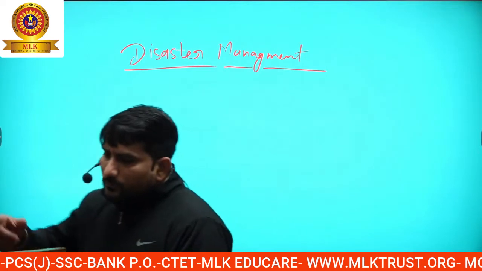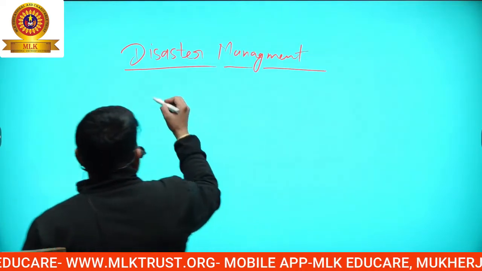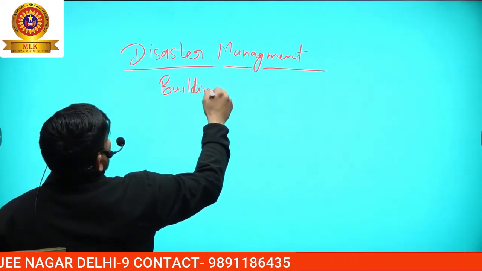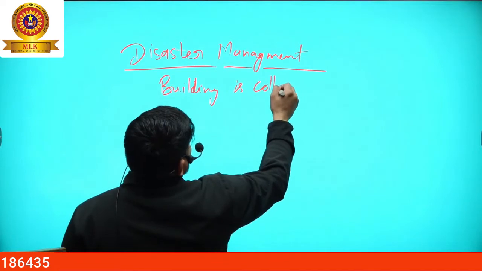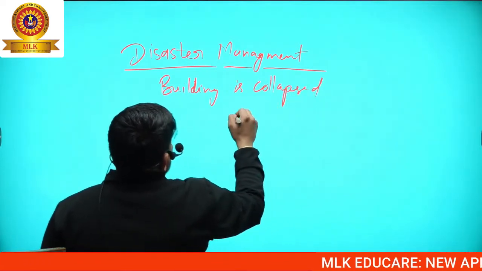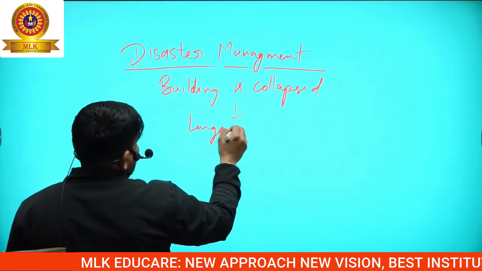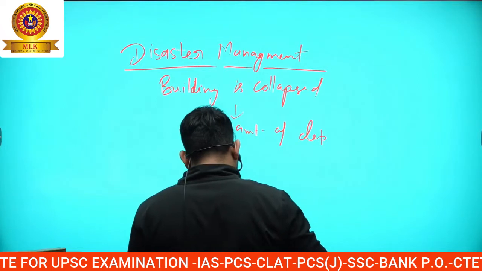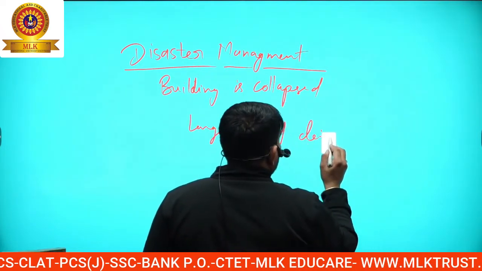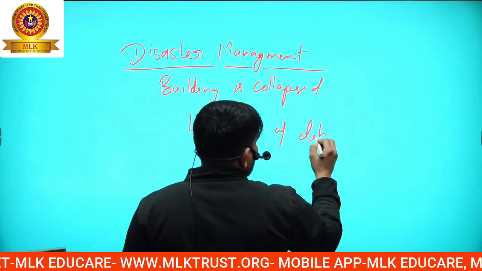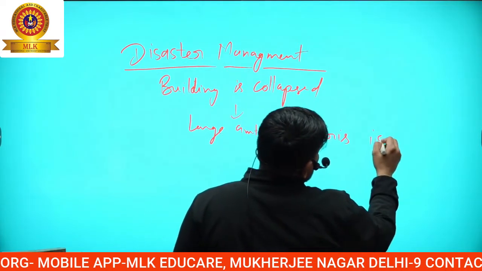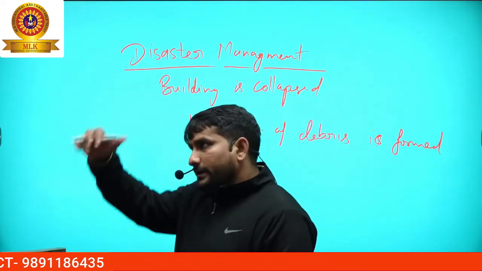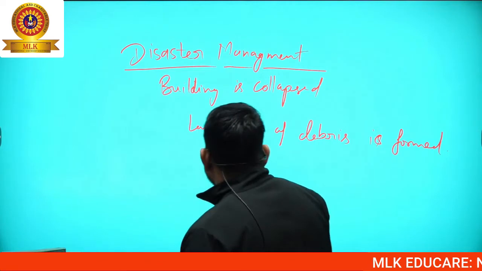Okay, when a building is collapsed, any building, what should happen? Collapse. A large amount of debris is formed. ठीक है, debris क्या? कूड़ा ना, मलबा जो होता है जब बिल्डिंग गिरती है तो जो भी मलबा होता है, this is considered the debris.